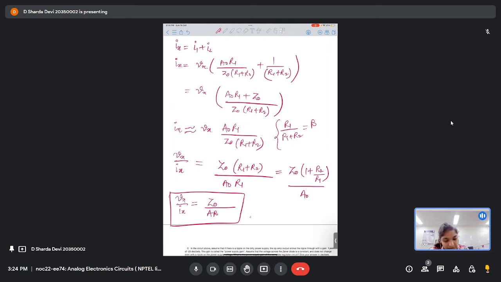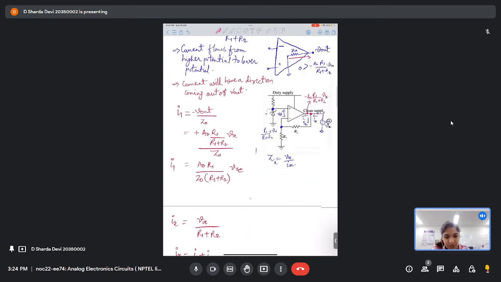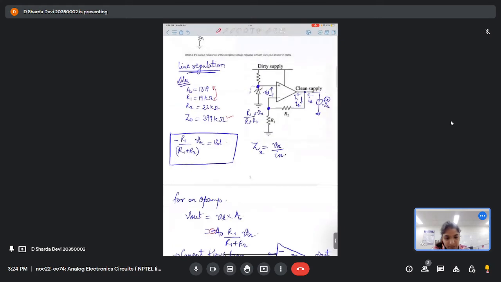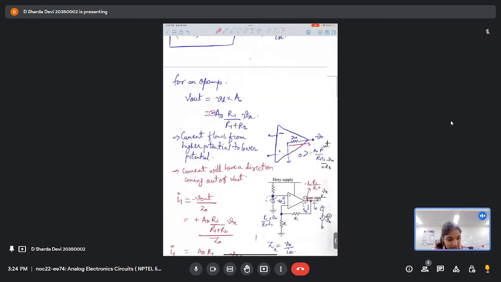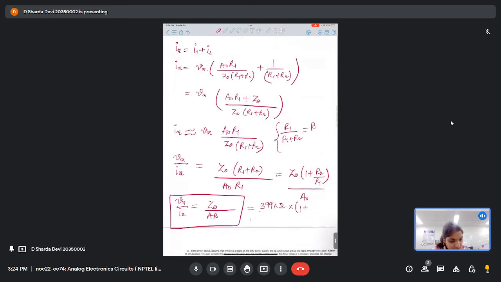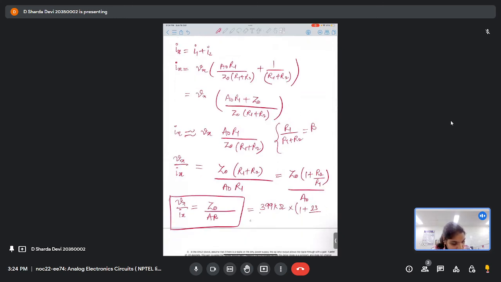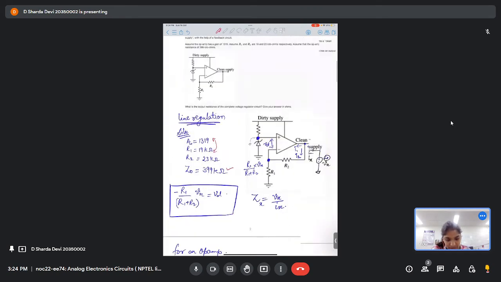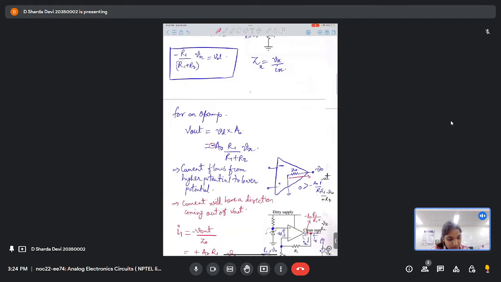So that's how things turn out. Since we got Vx by Ix, this is the output impedance. Now substituting the values: this was 399 kilo ohms into (1 plus R2 by R1), where R2 was 23 and R1 was 19, by 1319.